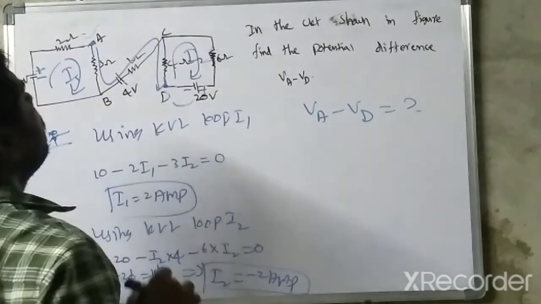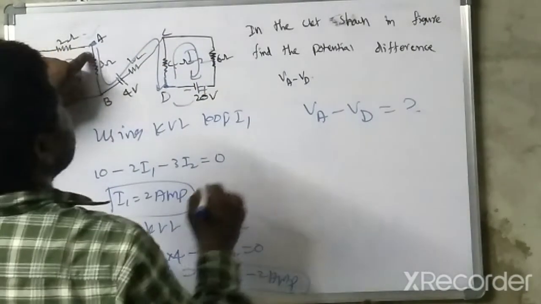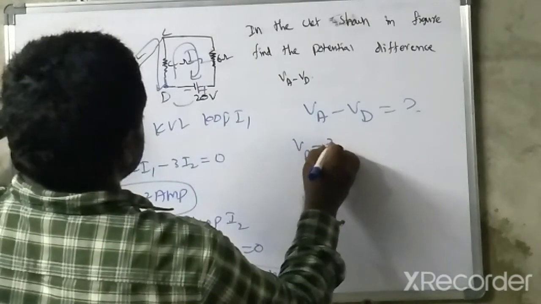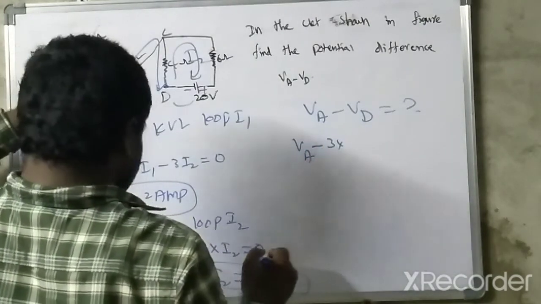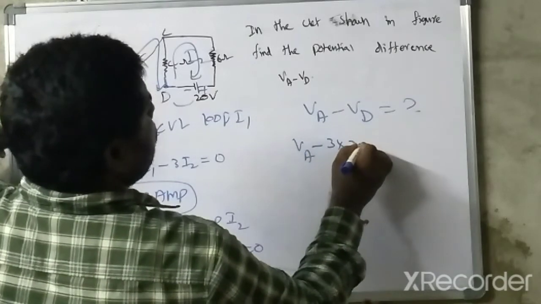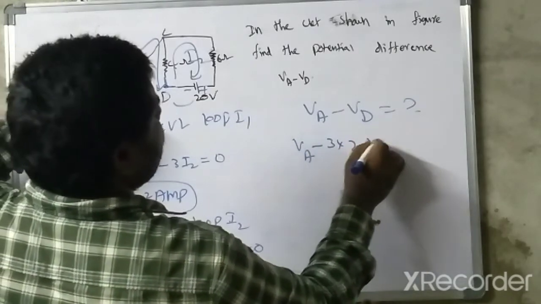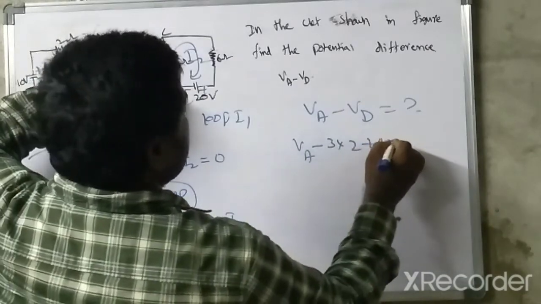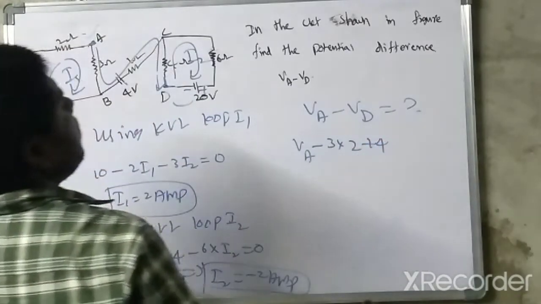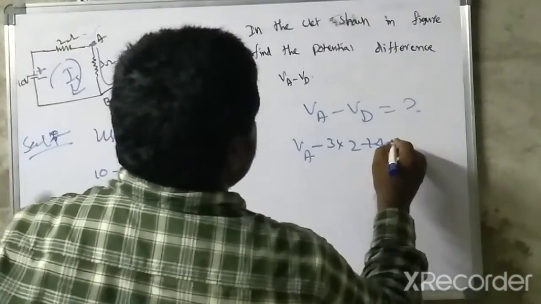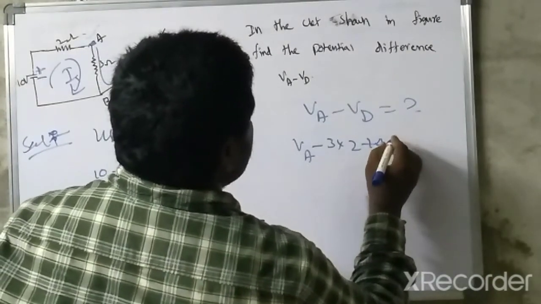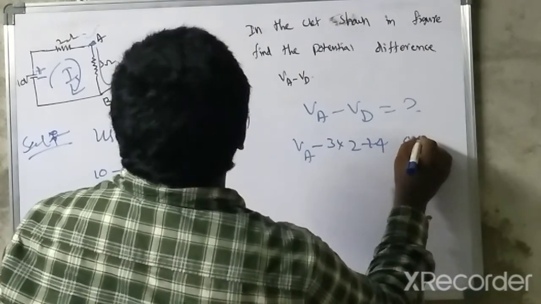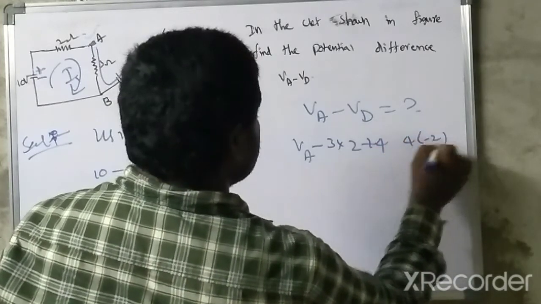So starting from potential VA, in the direction, minus 3 into I1, nothing but 2, so plus 4, and then 4 into the current minus 2.